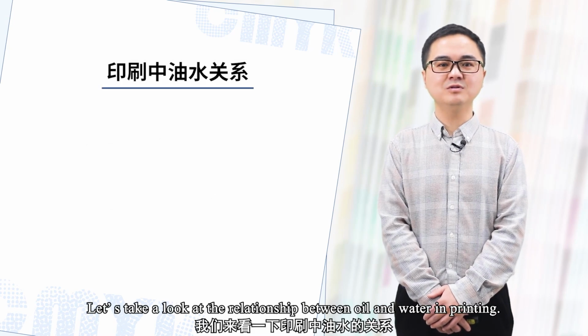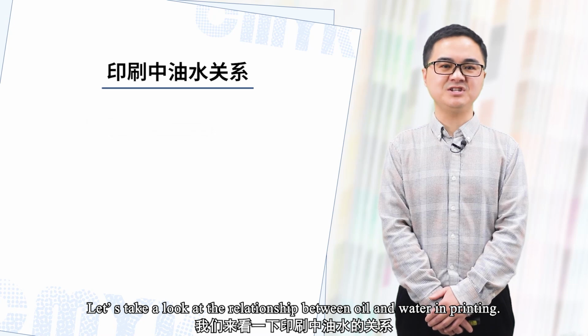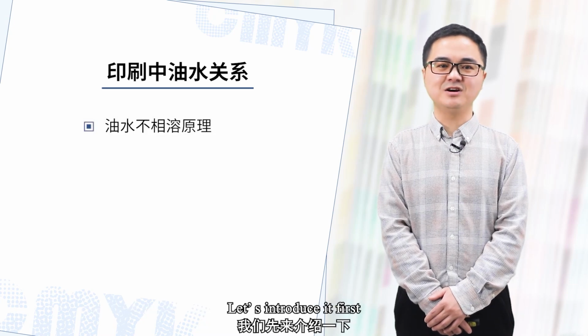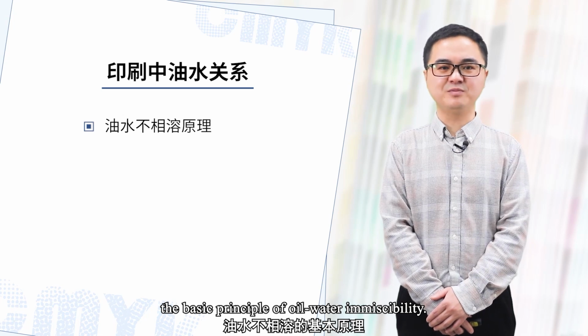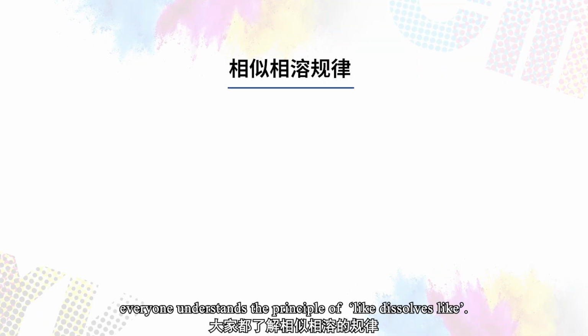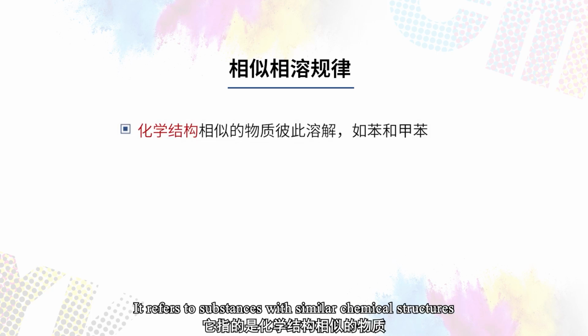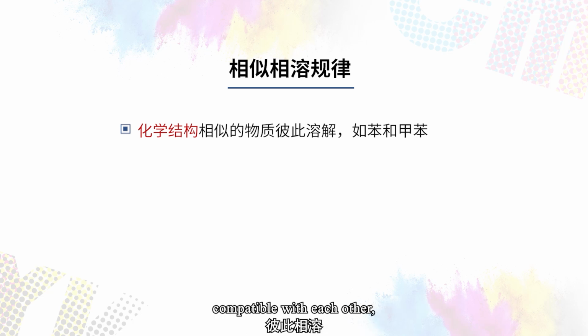Let's take a look at the relationship between oil and water in printing. Let's introduce it first: the basic principle of oil-water immiscibility. In daily life, everyone understands the principle of like dissolves like. It refers to substances with similar chemical structures being compatible with each other, such as benzene and toluene.